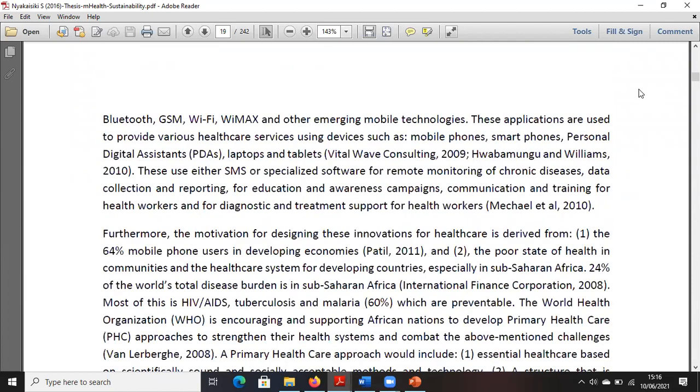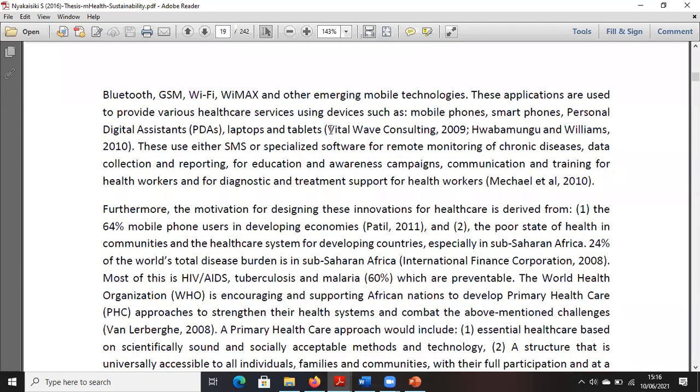Now, you notice here, I am citing Vital Wave Consulting 2009. I have cited Wambamungu and Williams. Then Michael, I put et al. because Michael wrote this with a number of people, 2010. This is citation. But you notice it wasn't a direct quote.